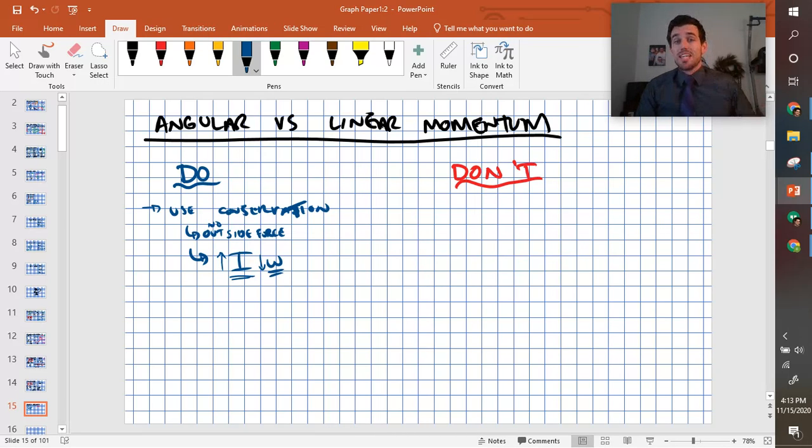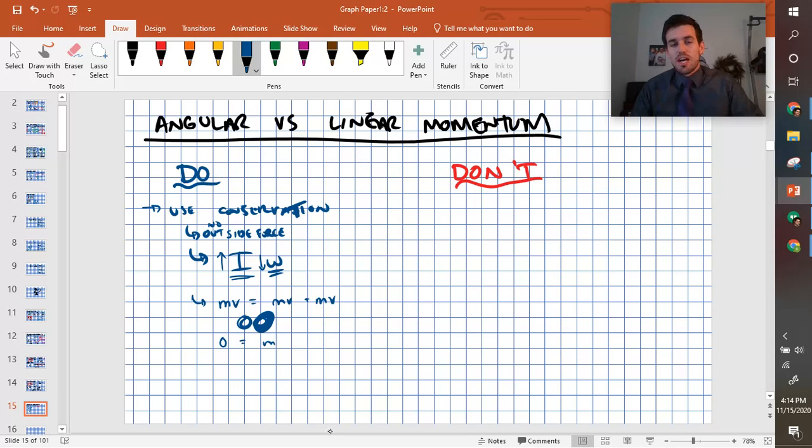If we're talking about a linear momentum system, then usually we have some initial momentum, and then one object hits another object, and the momentum after has to equal the momentum we had before. So for example, if I had two objects that were connected to each other and they pushed off, and one of them was bigger than the other one, the momentum at the beginning would be 0.